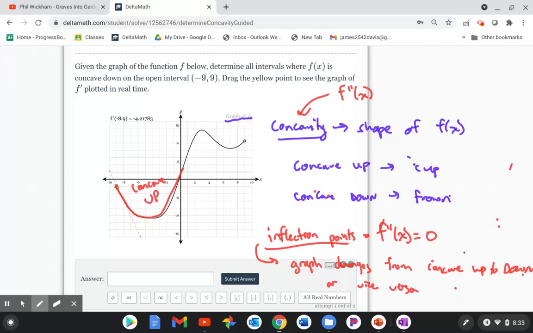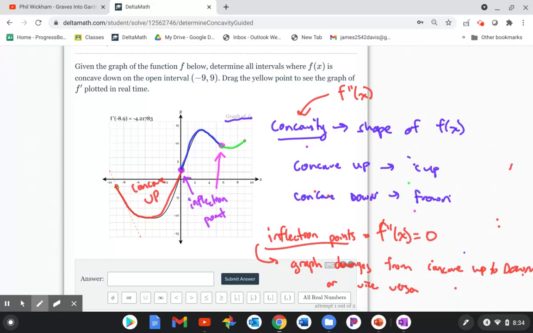Water would sort of stay in that cup. Then at some point in there, there is an inflection point, probably right around here. And this graph switches to concave down. So it switches to concave down, down, down, down, down. And then it's actually going to change again somewhere in here. There's another inflection point. And then it switches back to concave up.